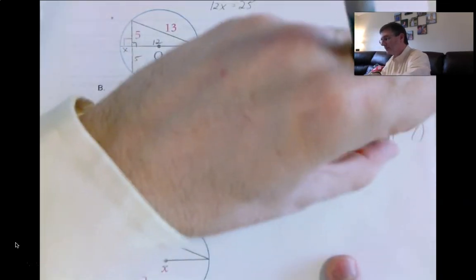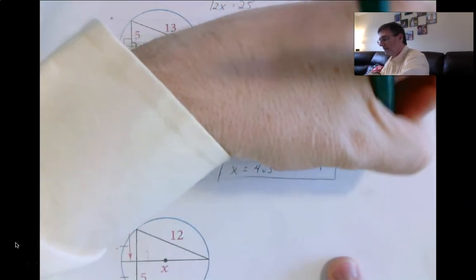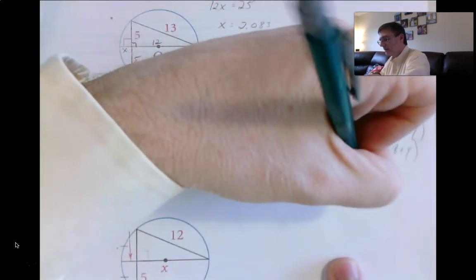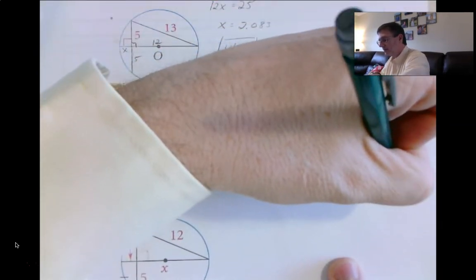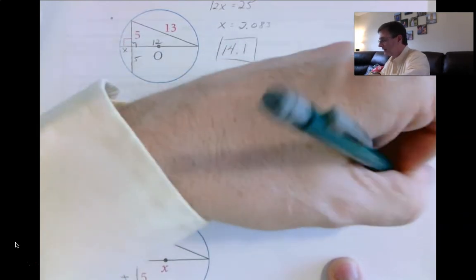Actually, I'm just going to divide both sides by 8. 10 equals 8 plus y. y is equal to 2.